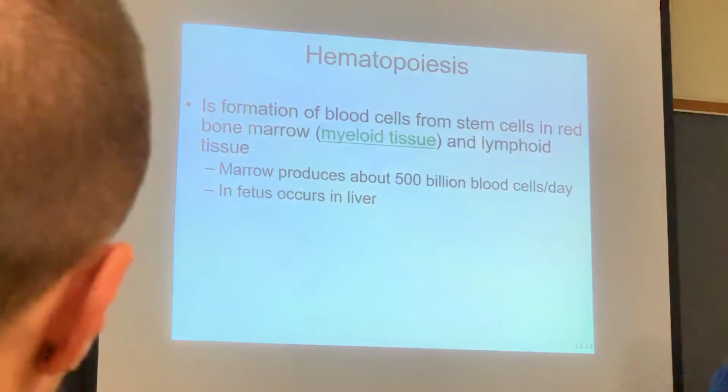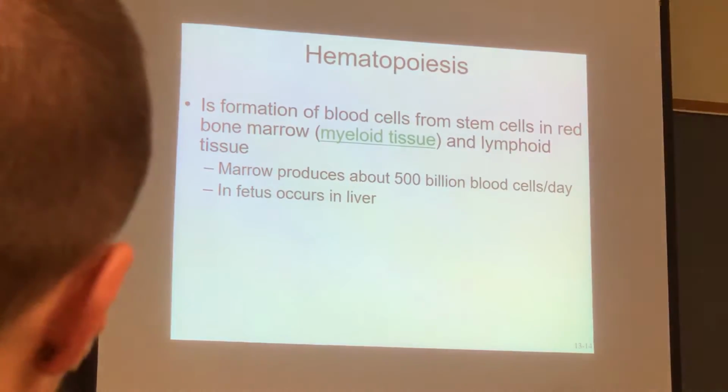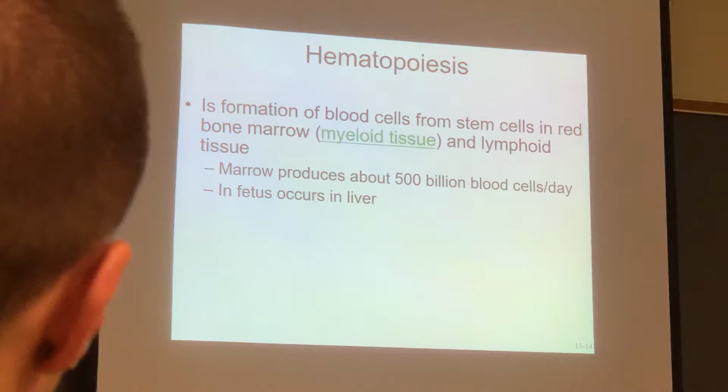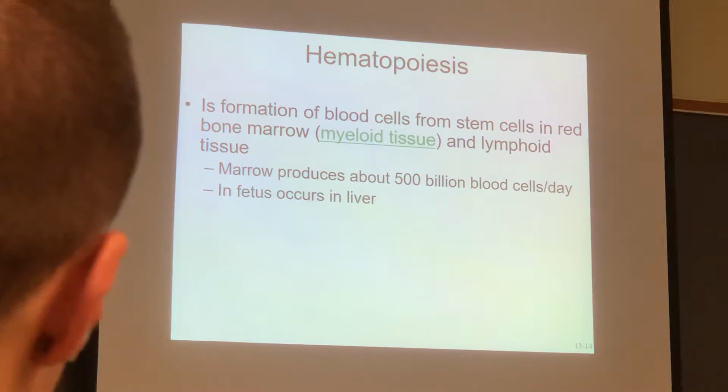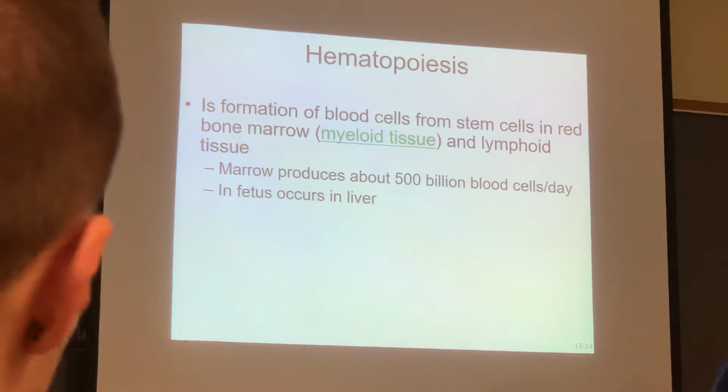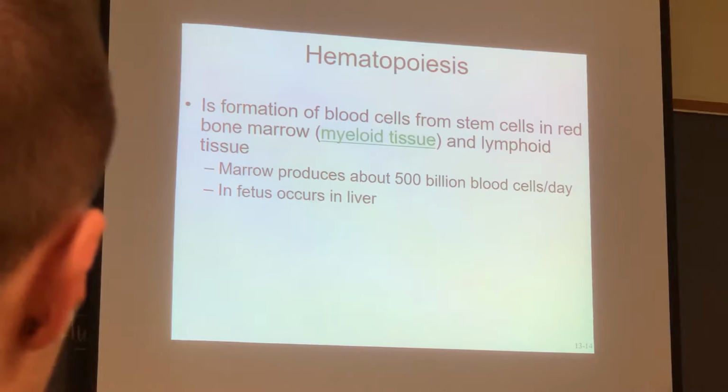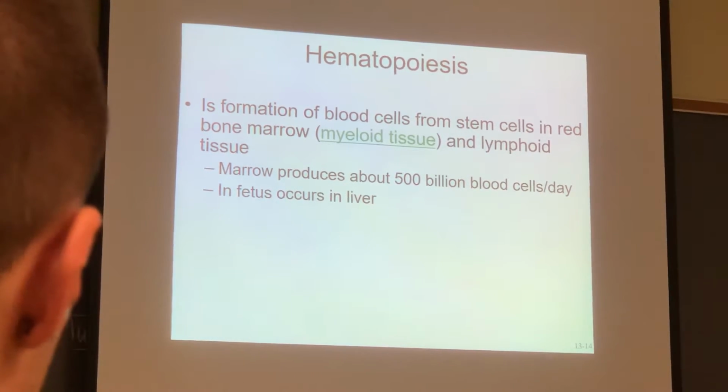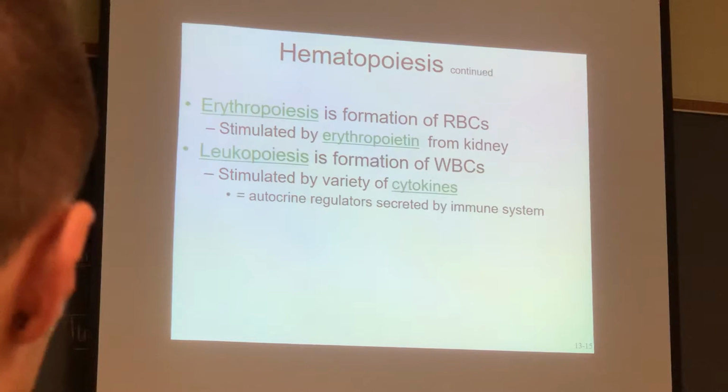And in the fetus, because a fetus's skeleton is made up of what kind of tissue? Remember? Hyaline cartilage. It doesn't have a marrow cavity. It doesn't have any cavity. So in the fetal body, it's actually producing its blood cells in the liver instead of in the bones until, of course, it gets older and then ossification occurs.